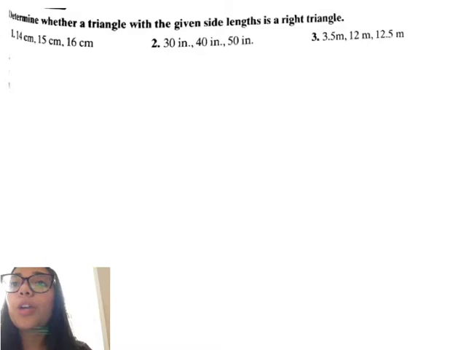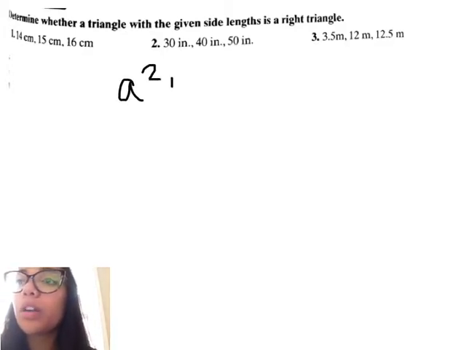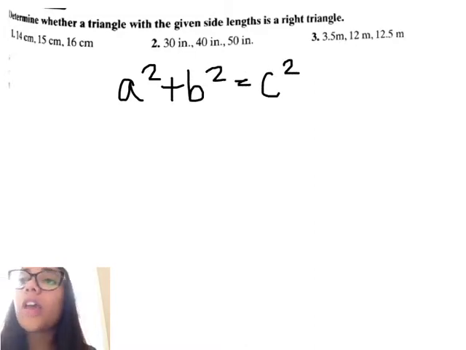Okay. Determine whether a triangle with the given side lengths is a right triangle. If it is a right triangle, then A squared plus B squared equals C squared will work. If it's not a right triangle, then A squared plus B squared equals C squared won't work. So I'm going to go ahead and do number 1 with you.